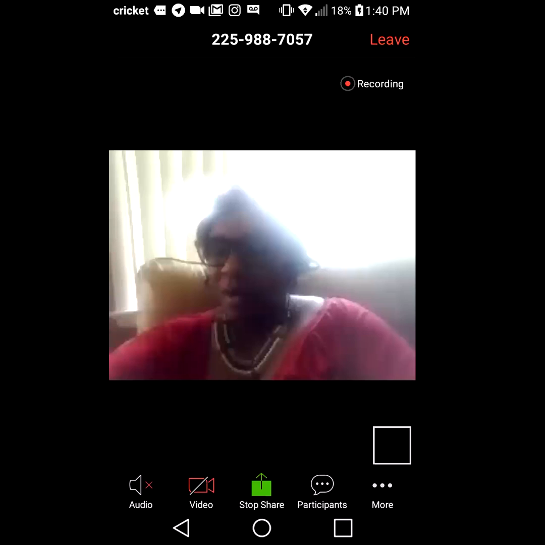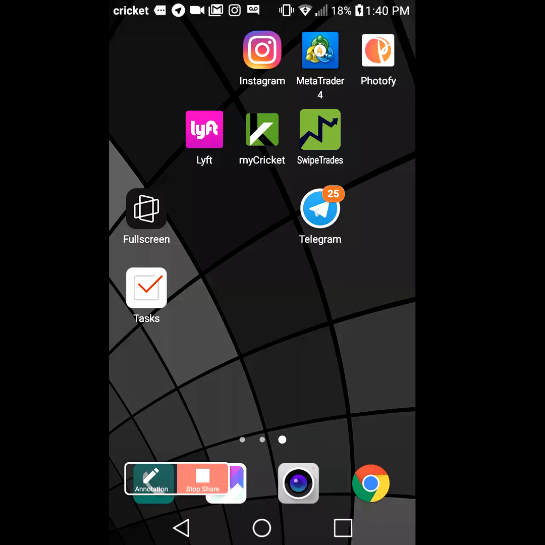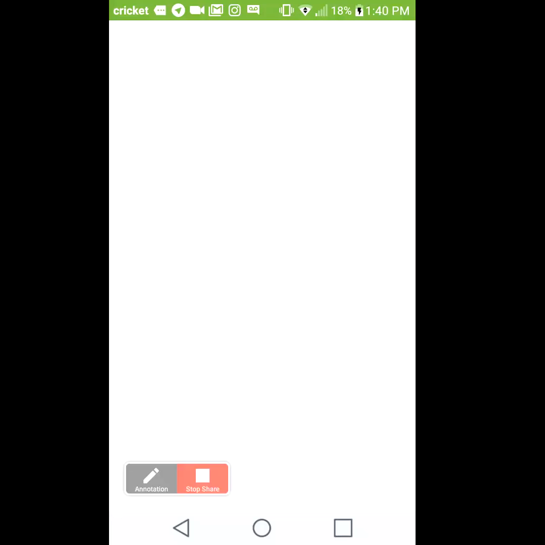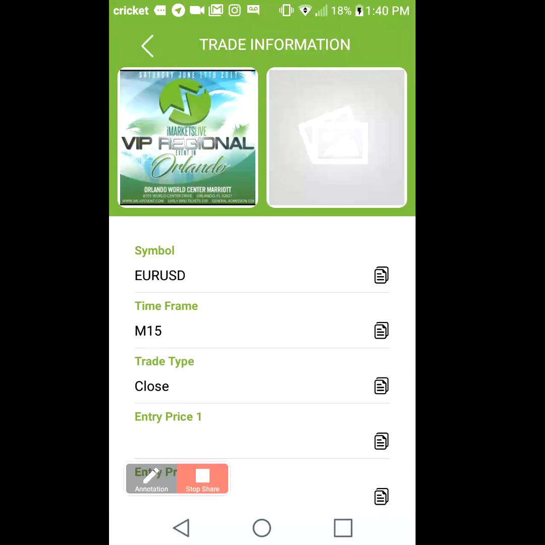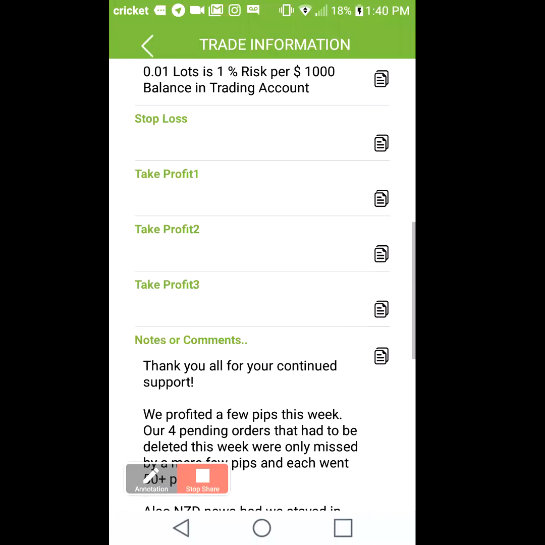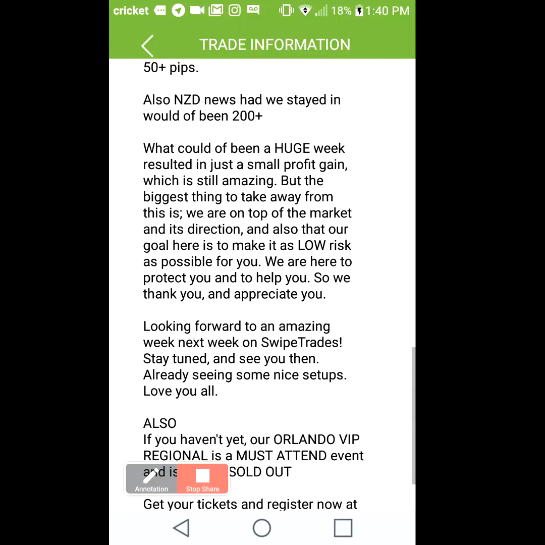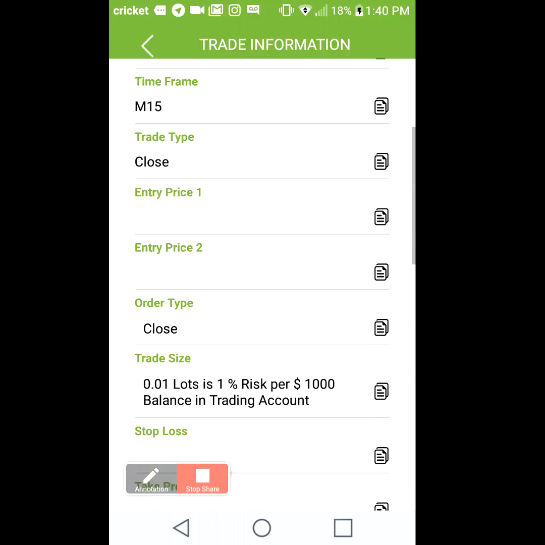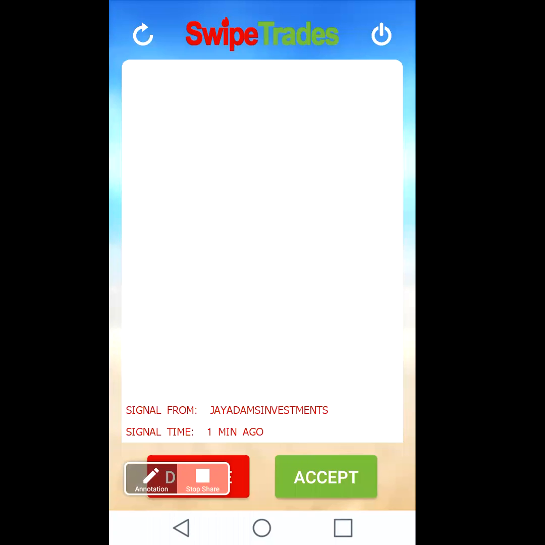You see how my Swipetrades and my MetaTrader 4 are right there together? Yes. That's not an accident. So I touch my Swipetrades opens. It gives you a close for this one as well as an update. Okay. But we're going to go to one. We're going to get some.